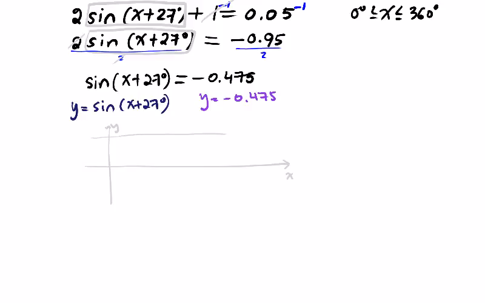The amplitude will be just 1, and for the base sine, we know the period will be 360. When I say the base sine, we are just sketching the graph of y equals sine of x, just to give us the base answers, and then we'll move on to find the specific answers for this equation.